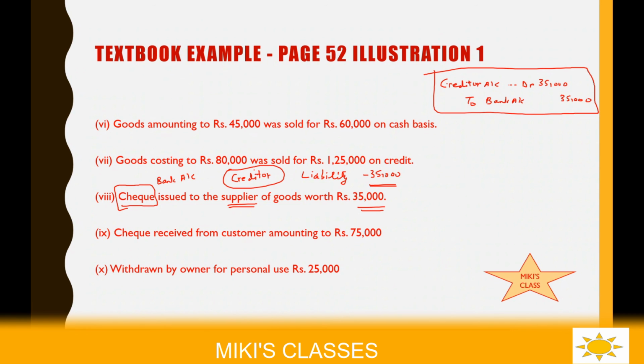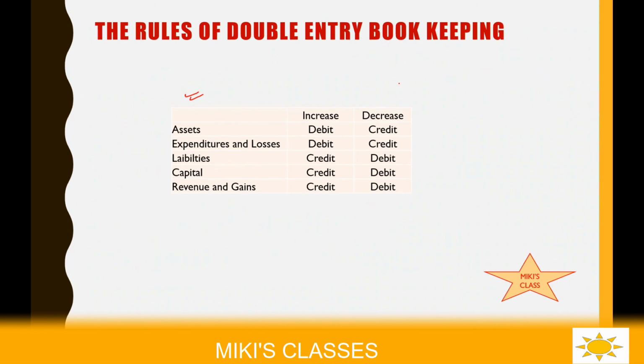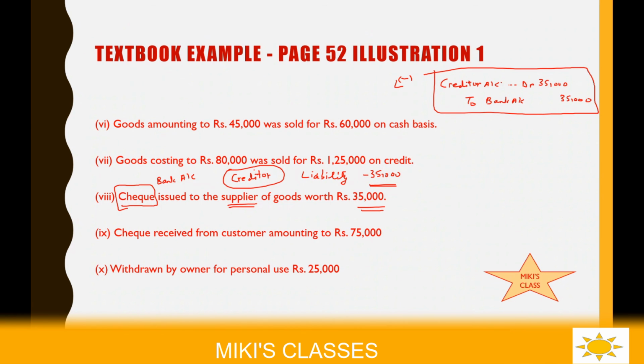Creditor is a liability. And what has happened to the liability? The liability has decreased. When a liability decreases, what do we do? We have to check here. Liability has decreased. Correct? So we have to debit it. That is what we have done, right? In the journal, we have debited this account. And to bank. Bank is an asset. And what has happened to the bank balance? It's gone down, right?